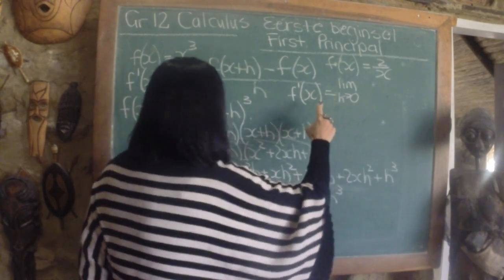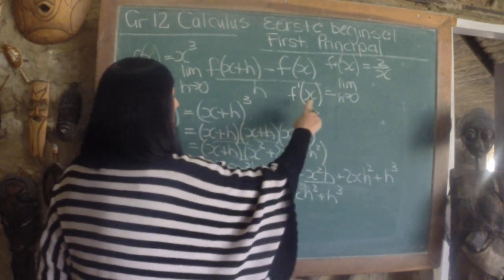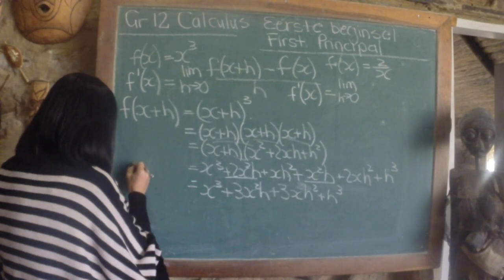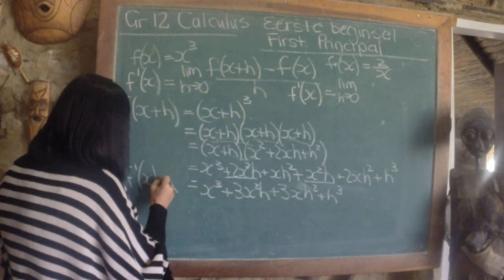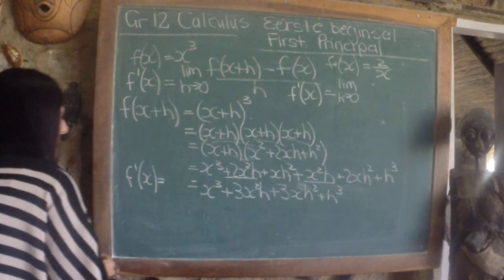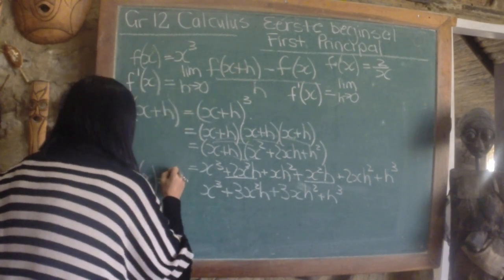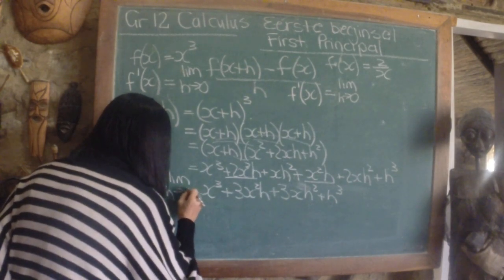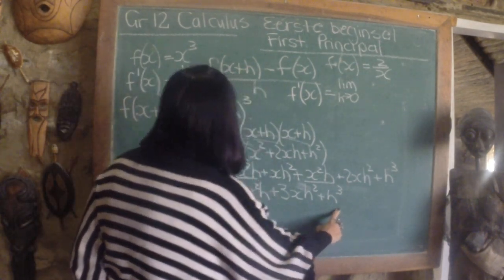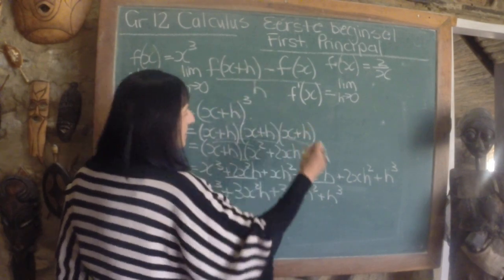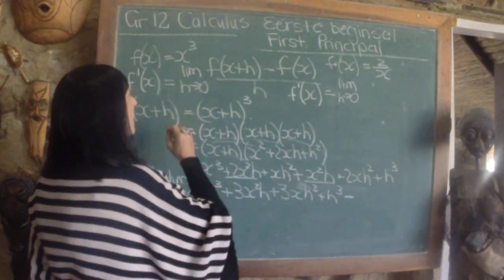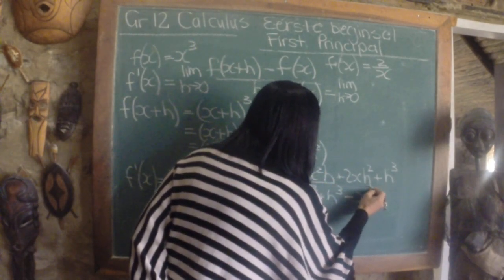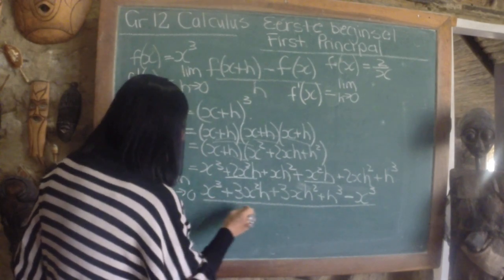So in stead of pushing it in, gaan ek sommer hierso skryf, as ek f accent x wil kry, dan is dit gelyk aan the limit of h striving to 0 of f(x plus h), ons het hom daar vereenvoudig, minus f(x), en onthou, it must be in brackets if it's more than one term. Hierso is dit gelukkig net een term, so ek hoef hom nie in hakies te sit nie, alles op h.